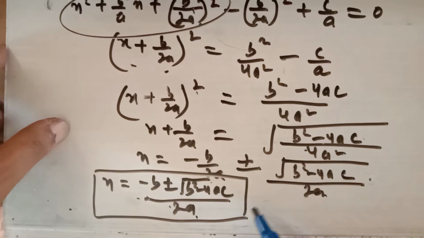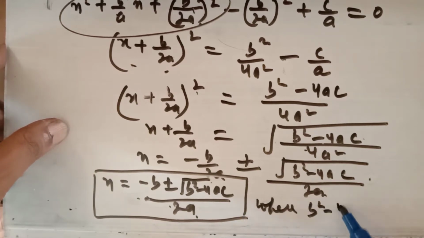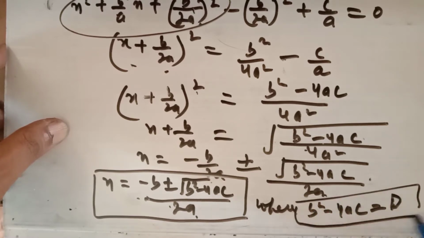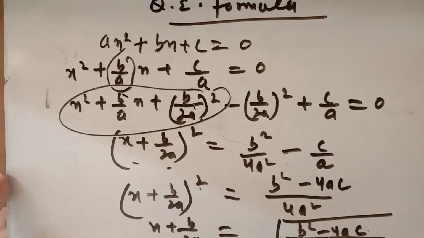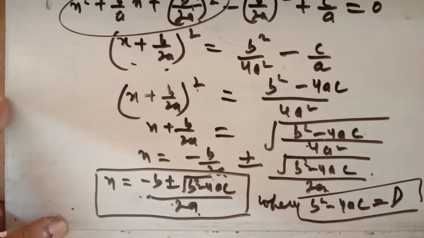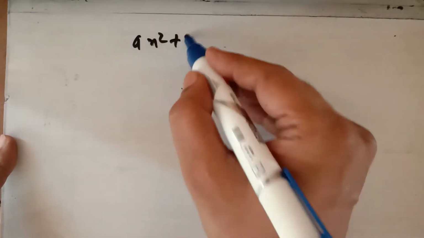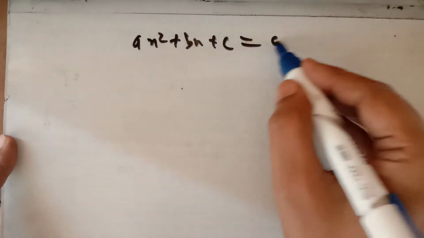This is the quadratic equation formula, where b square minus 4ac I can represent by D, which is known as the discriminant of the quadratic equation. So this is the formula to find the roots of the quadratic equation ax square plus bx plus c equal to 0.